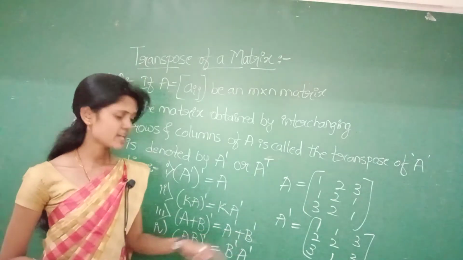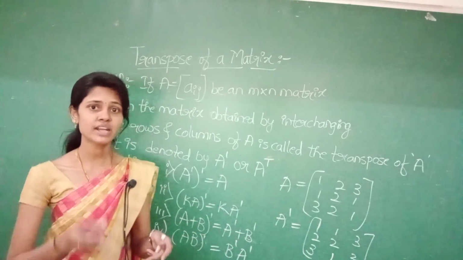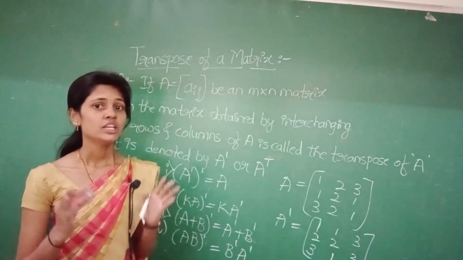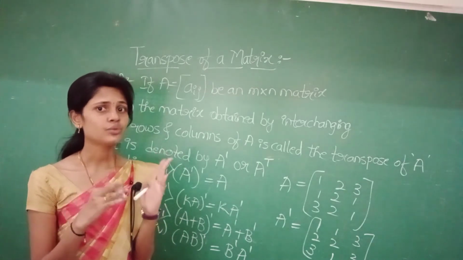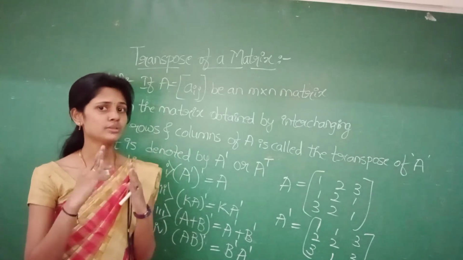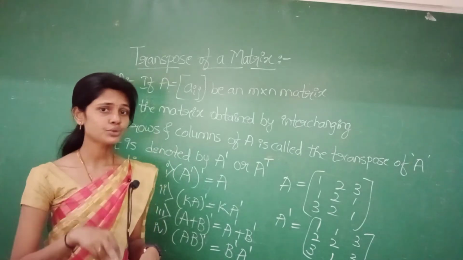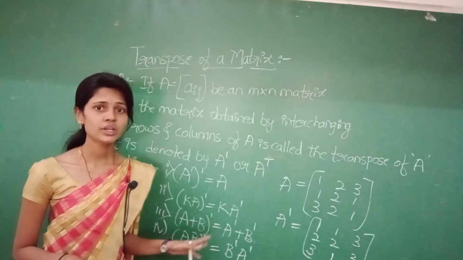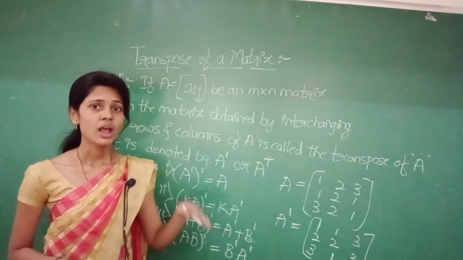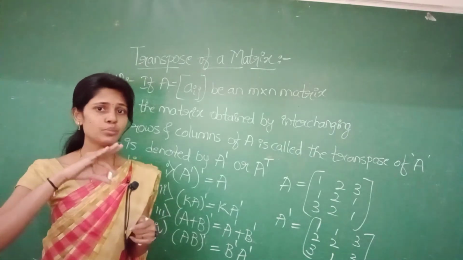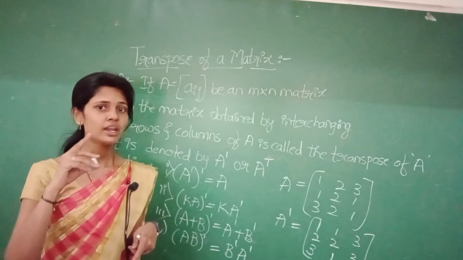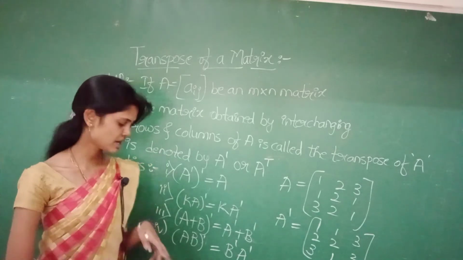A dash plus B dash means what? A dash is the transpose of A, B dash is the transpose of B. If you add those together, that gives A dash plus B dash, which is equal to (A + B) whole dash. Whenever you add A and B and take the transpose, it is equal to A dash plus B dash separately, right?